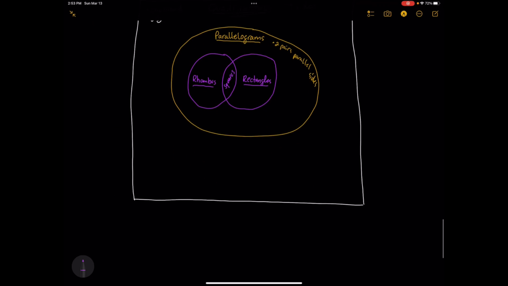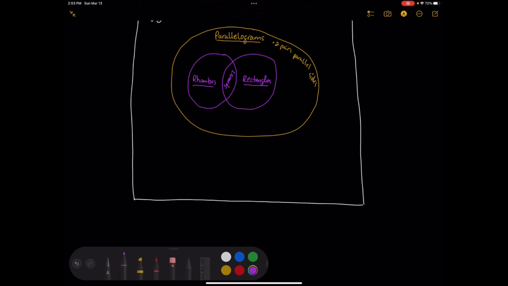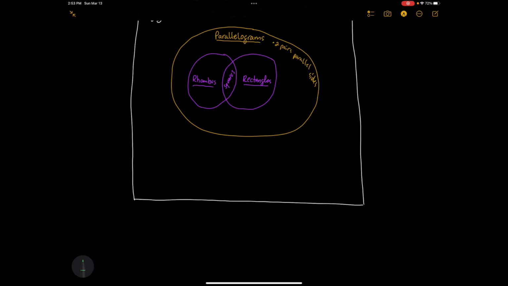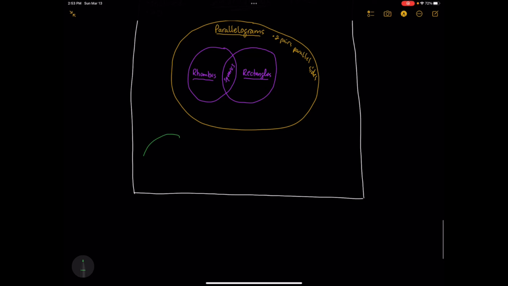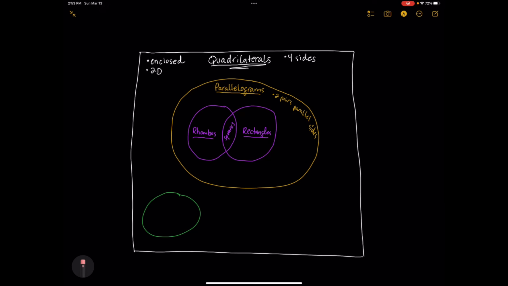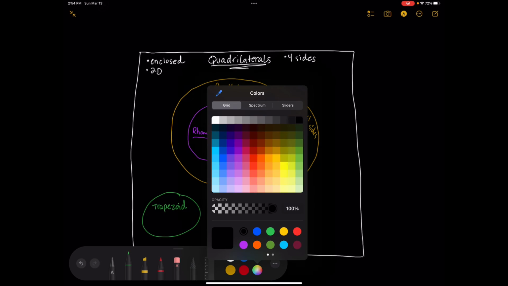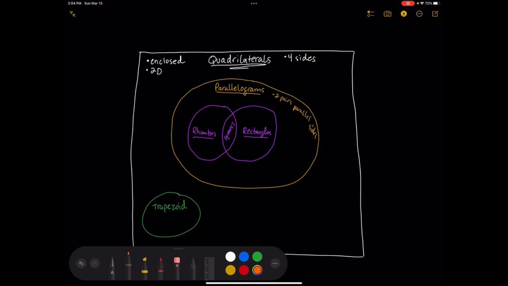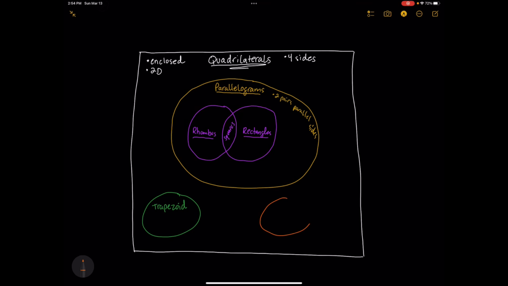So then out here on the other side, kind of away from everything else, we have the trapezoids. This is the trapezoid right here. And then we have, let's do an orange right here, the kites over here.